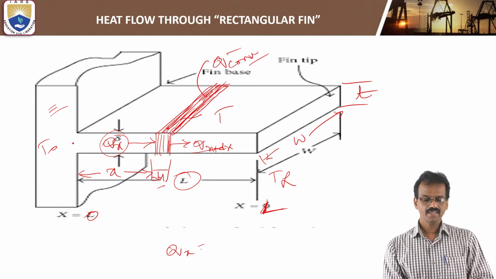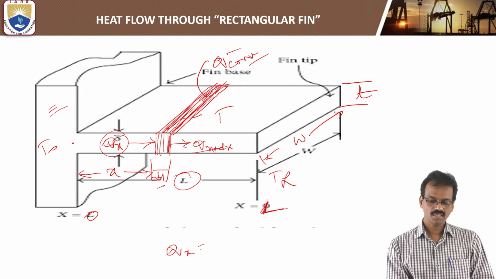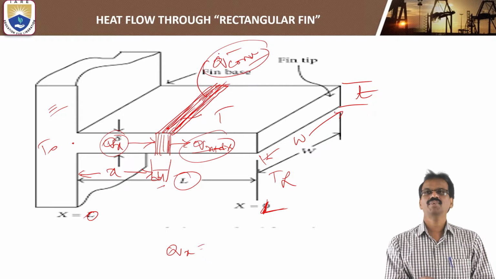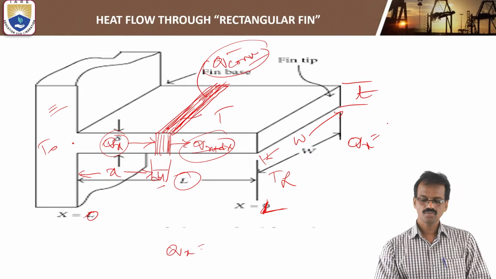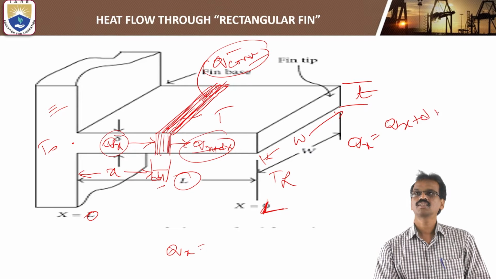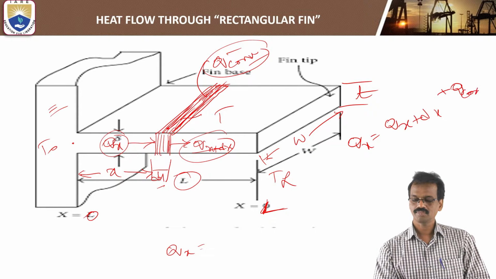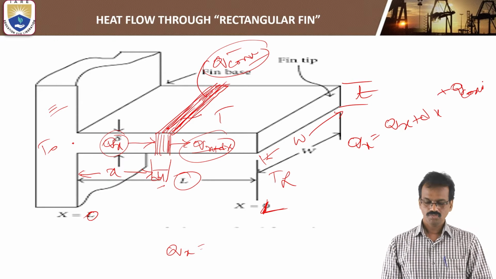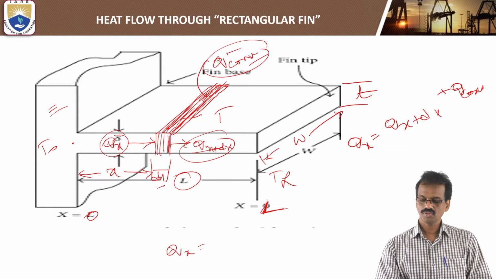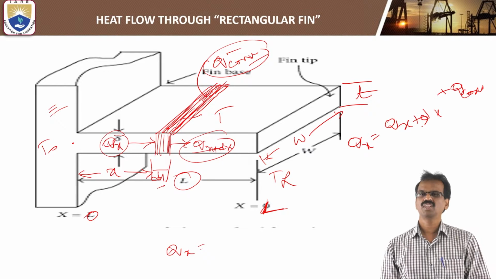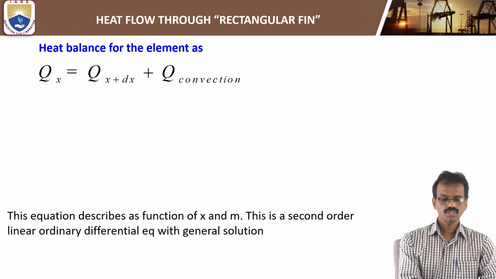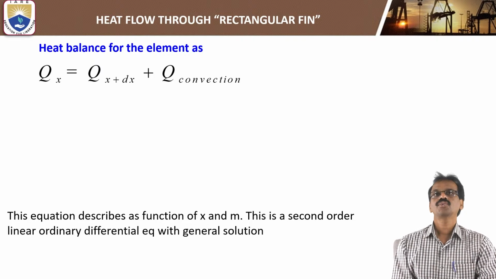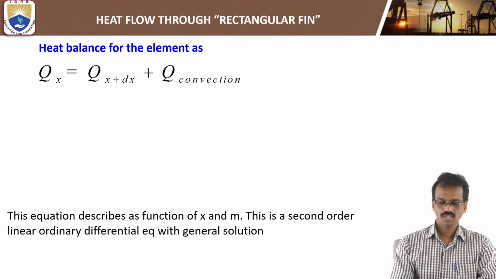This entering heat is dissipated by two modes, one is the conduction process, another one is the convection process. So you can write like this: Qx is equal to Qx plus dx plus Q convection.